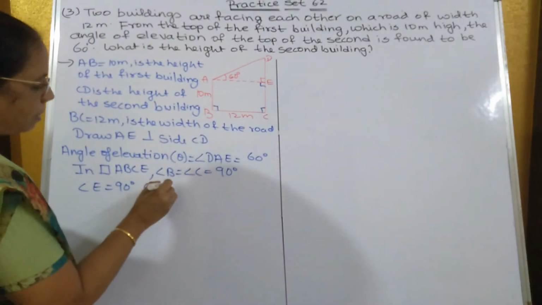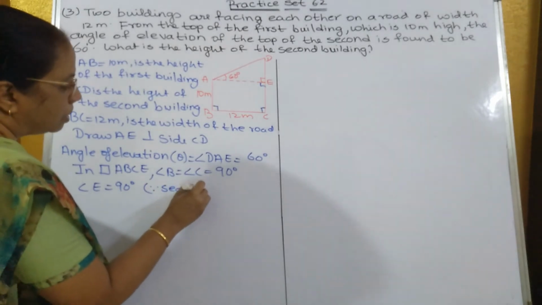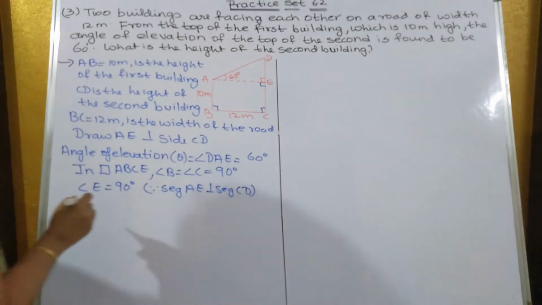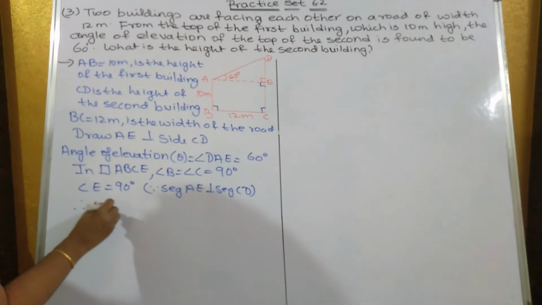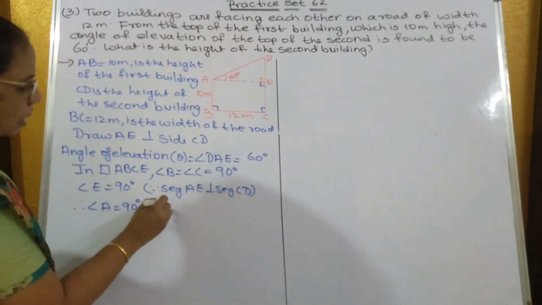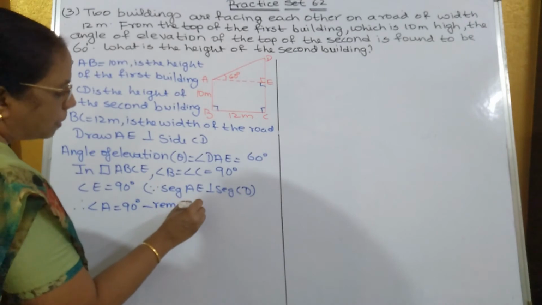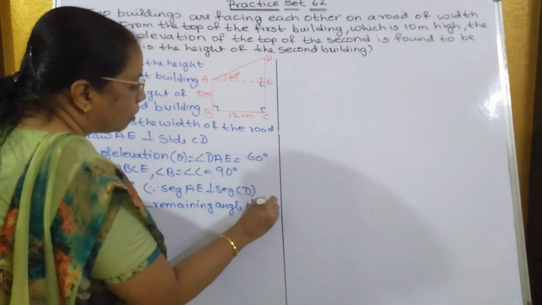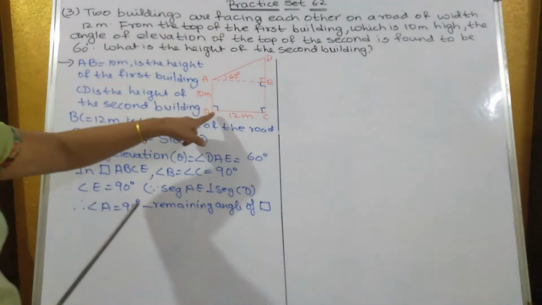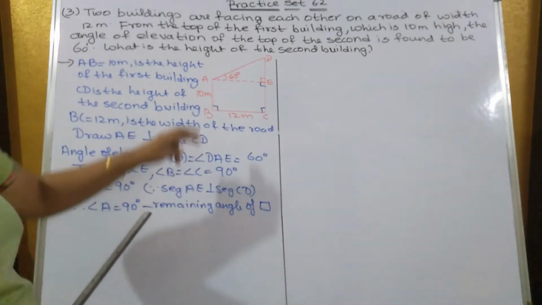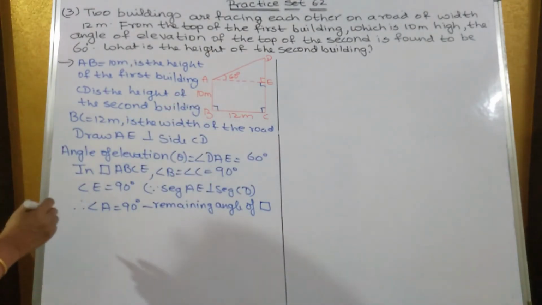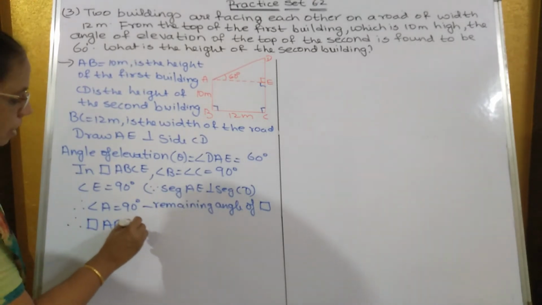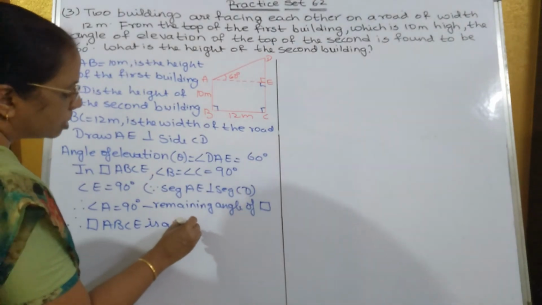Because seg AE is perpendicular to seg CD. Therefore, angle A will be equal to 90 degree, the remaining angle of the quadrilateral. Therefore quadrilateral ABCE is a rectangle.